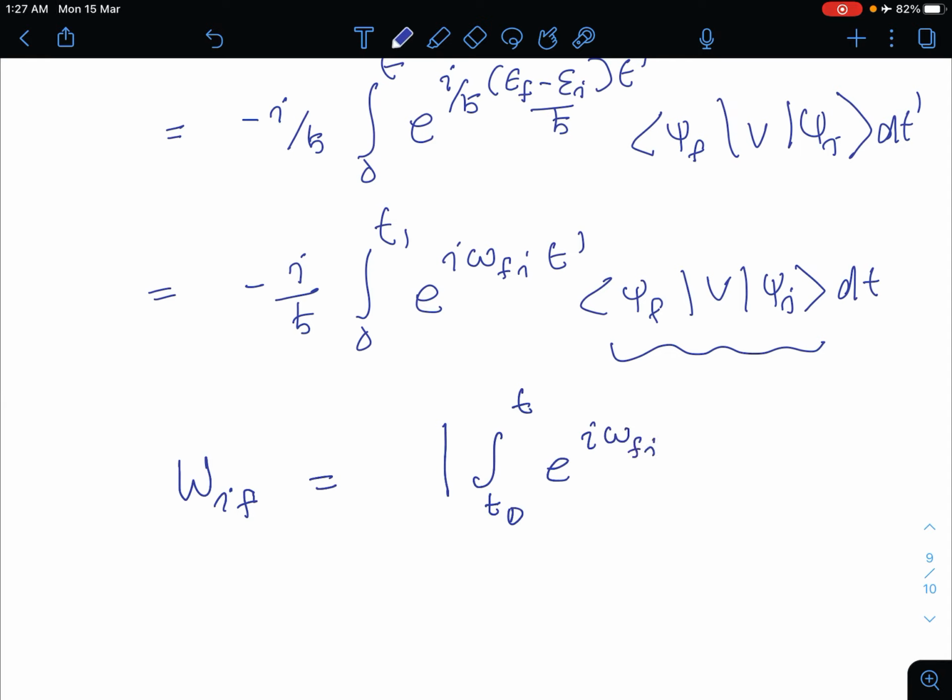These omegas are different. This is the capital omega, which means the transition probability. This is the frequency omega between the energy levels.